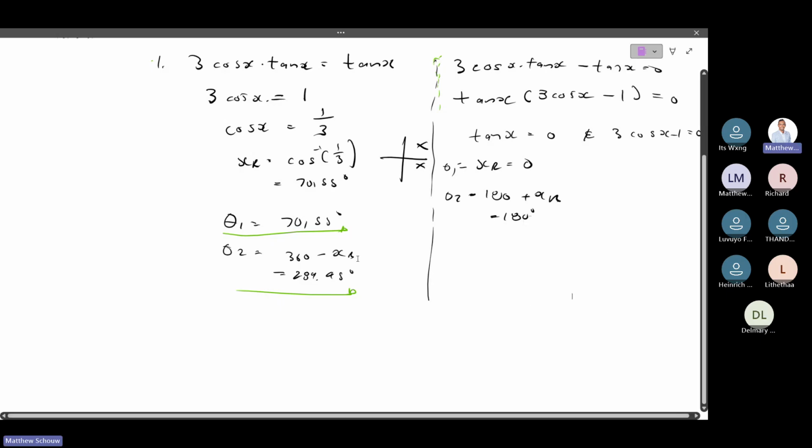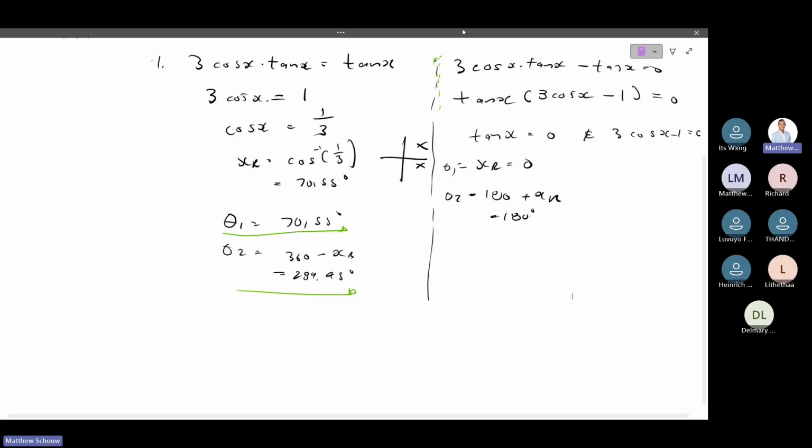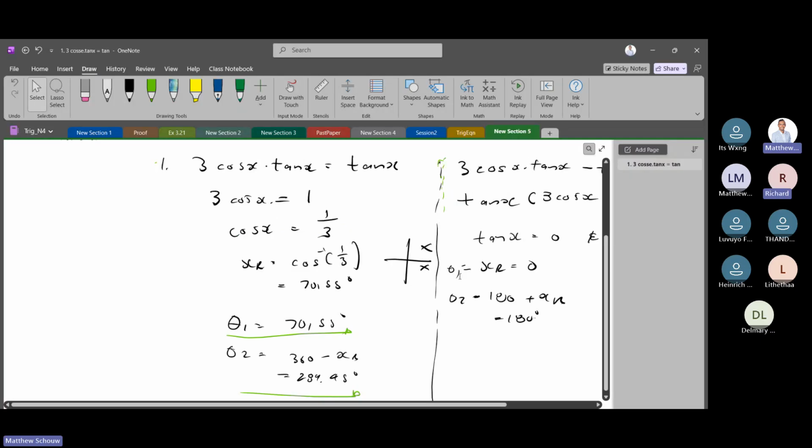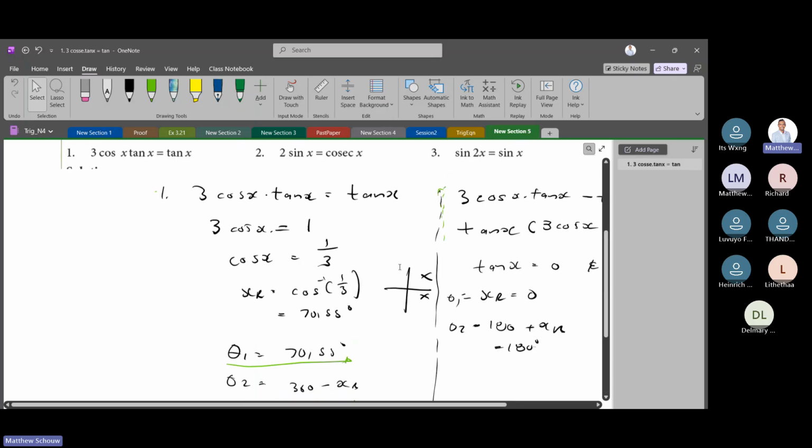With a problem like this, we have two ratios, so you can get two other values. All the values possible for these equations are the four of them. I could have called this θ3 and θ4. I would have probably done this one over here and called it a day. But let's do the next one.